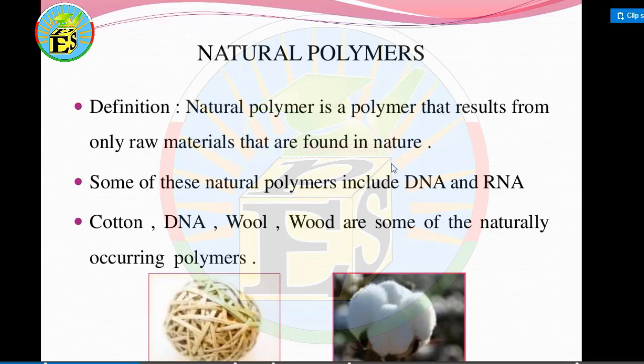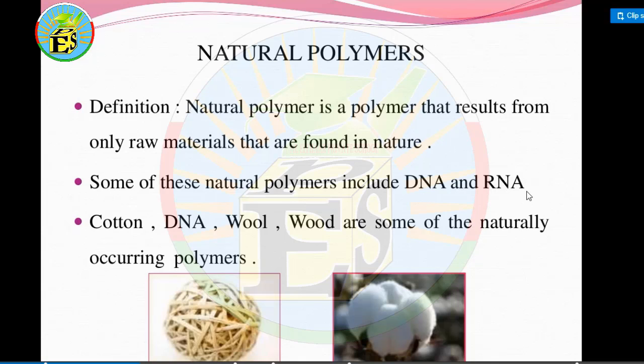First is natural polymers. First we will look at the definition. Natural polymer is a polymer that results from only raw materials that are found in nature. For example, DNA and RNA.